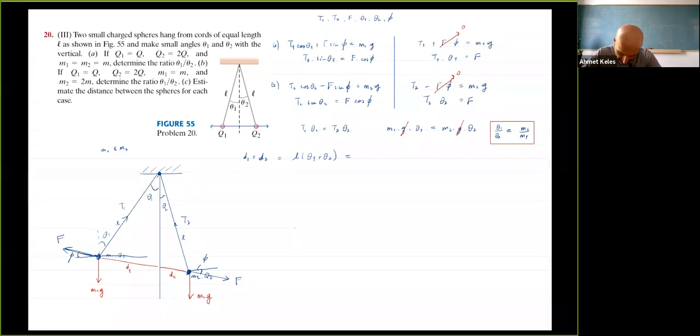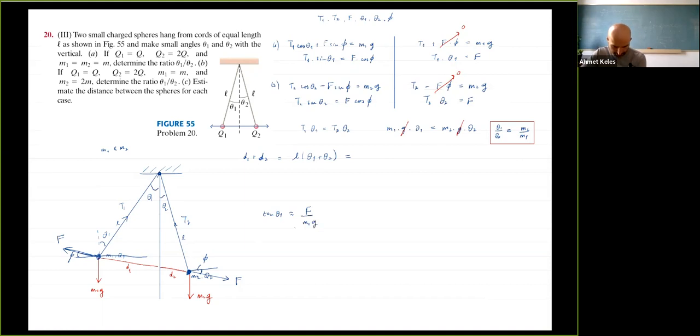Tangent theta 1 is approximately opposite divided by closest, and the opposite is equal to F for this one, divided by the adjacent side.